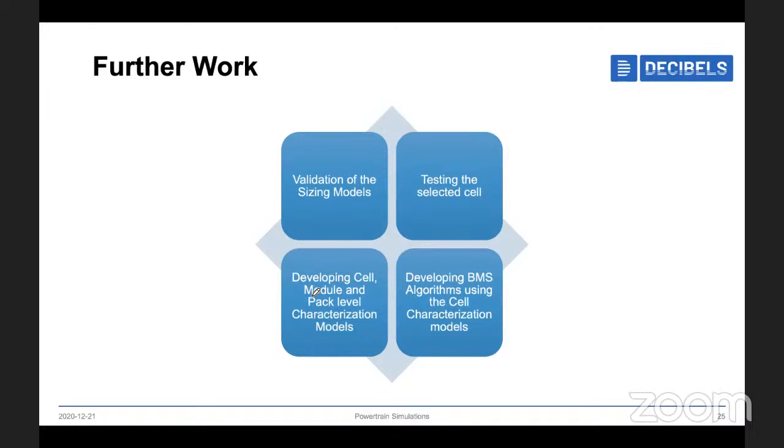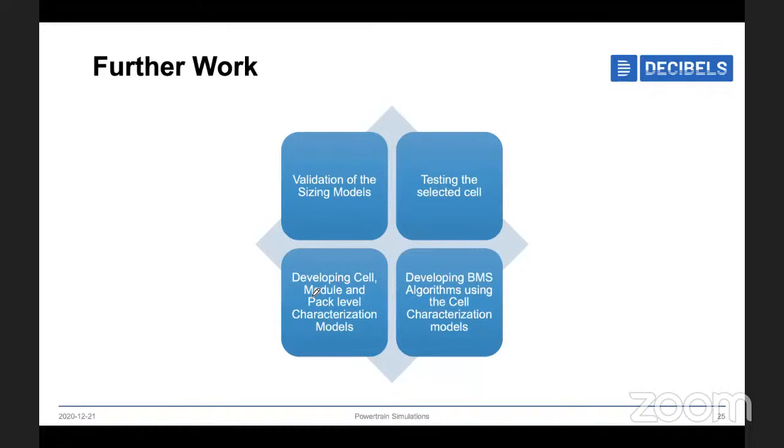Whatever drive cycle you are giving to the powertrain simulation, you can give the same drive cycle to the cell also, and analyze how the cell is behaving in real time. Using that test data you can develop cell characterization models, module characterization models, or pack level models, to understand the battery behavior.